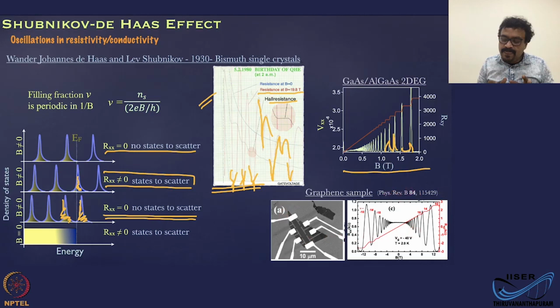When you measure the resistance, the linear resistance or Rxx, that is, if you pump current from here to here, and you are measuring the resistance between any two probes in the direction of propagation of the current, then you will measure this black curve here, which has an oscillative behavior. Okay, so these oscillations are called Shubnikov-de-Haas oscillations.